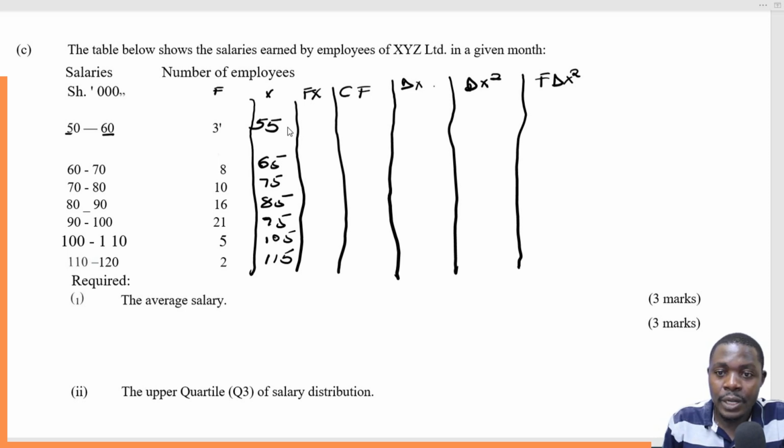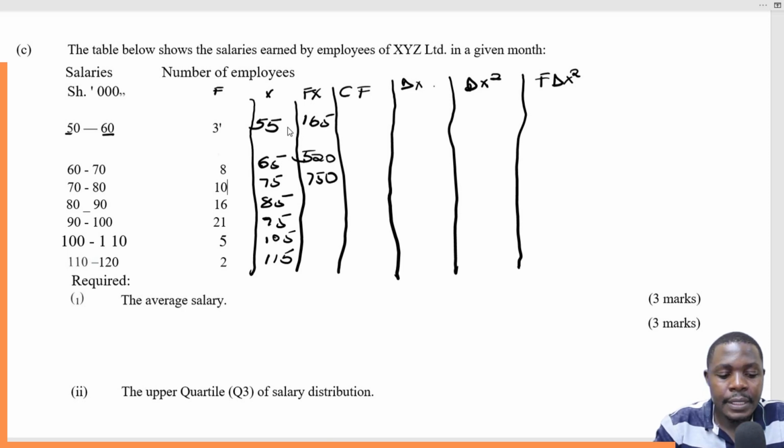We record 165 here. Then we have 8 multiplied by 65, 520. We write it here, 520. Then 10 by 75, that is obvious, you get 750.